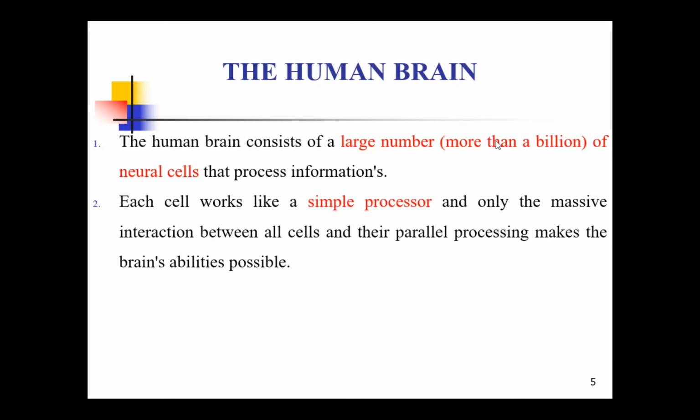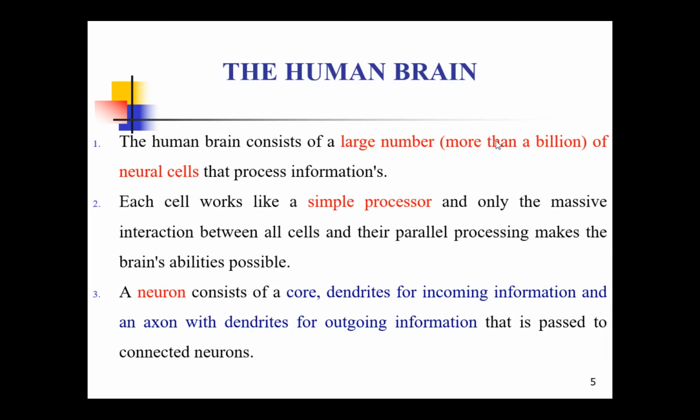Each neuron is a simple processor, and the interaction that exists between these cells makes parallel processing possible. Okay, how these cells are combined and interlinked with each other, based on that, parallel processing is possible.